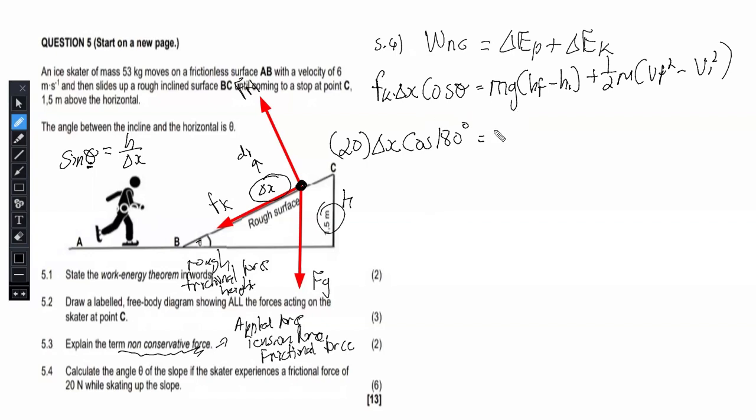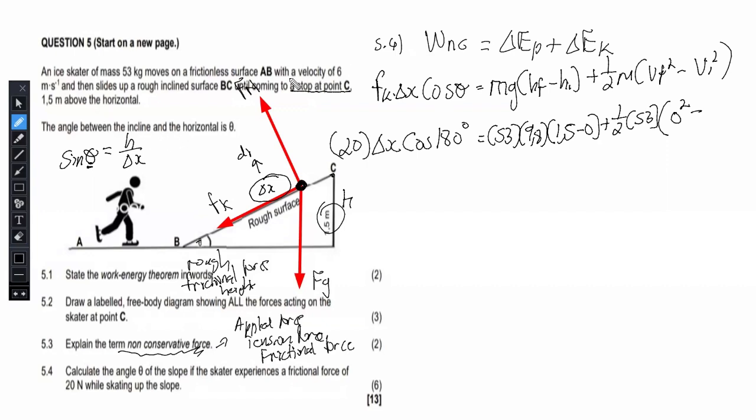Then our mass is 53. We have 9.8 here. The height finally, at point C, will be 1.5, minus 0, then plus half. Our mass again 53. And then the final velocity: remember, it comes to a stop at point C, so it's 0 squared. And the initial velocity, are we told there?